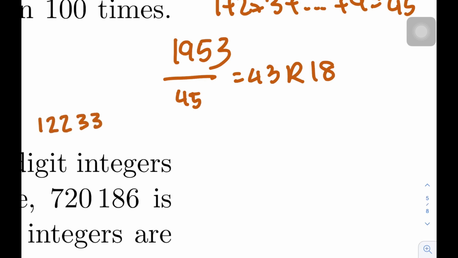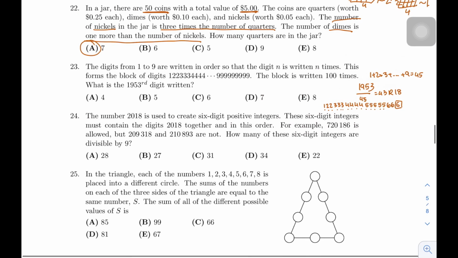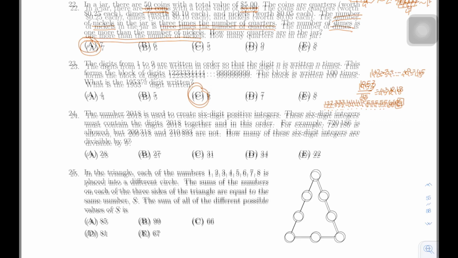So 1, 2, 2, 3, 3, 3, 4, 4, 4, 4, 5, 5, 5, 5, 5. So far I have 1, 2, 3, 4, 5, 6, 7, 8, 9, 10, 11, 12, 13, 14, 15, 16, 17, 18. So the 18th digit is 6. Therefore, the correct answer is C.